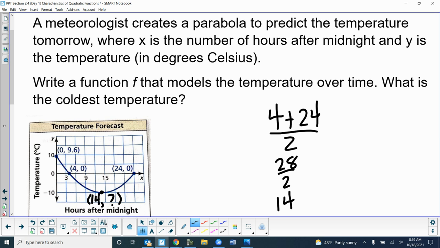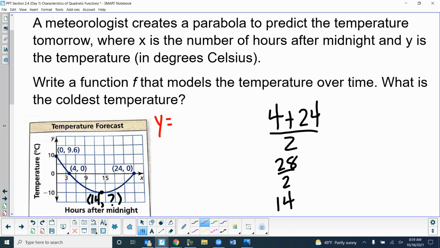What we're going to do is figure out the a value again, and then we're going to plug 14 in for x to find the y value of the vertex. You understand the procedure we're going to do? Does that make sense? All right, so we got to do our y equals, oops, what did I forget? Forgot my a.